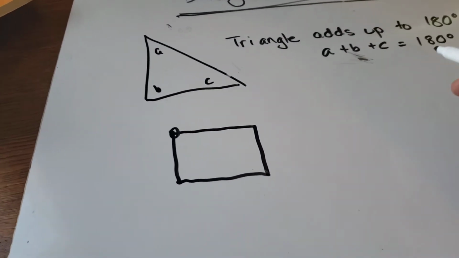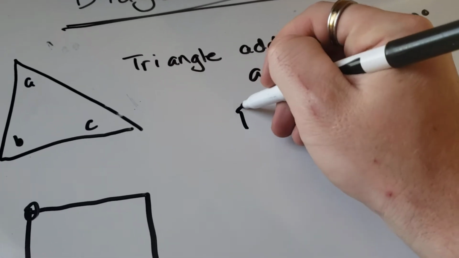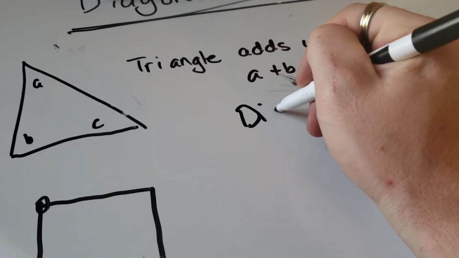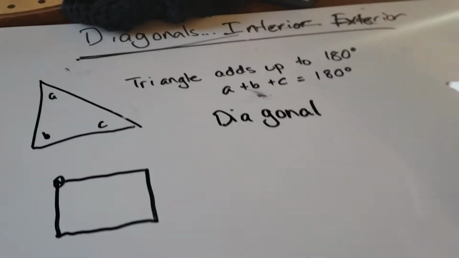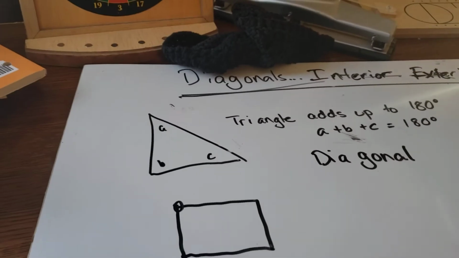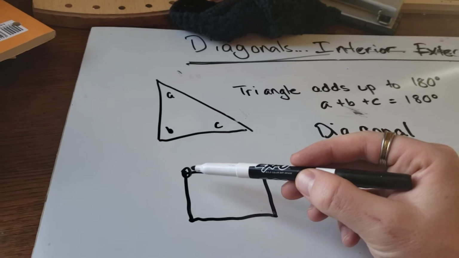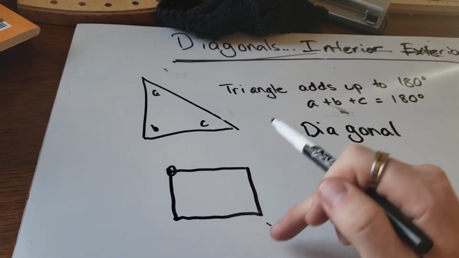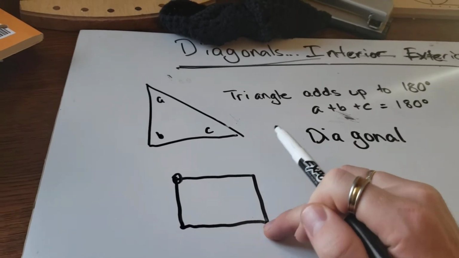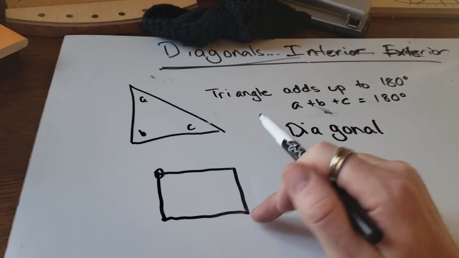Next, what we are going to do is draw what is called a diagonal. A diagonal is a line extending from an angle that intersects another angle on our shape that is not next to that angle.